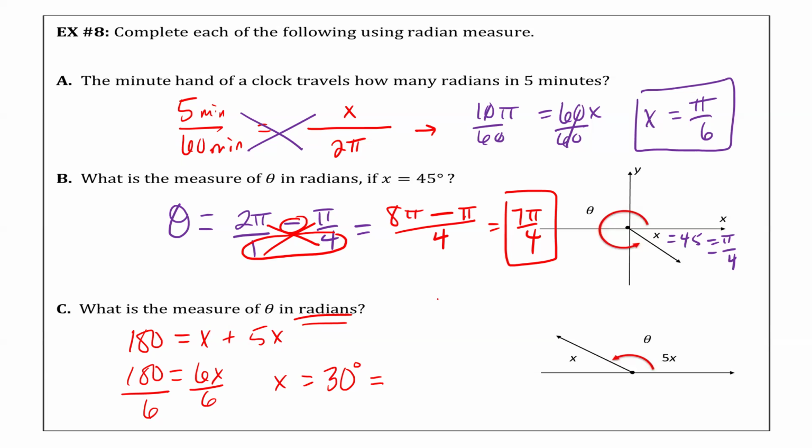How do you change from degrees to radians? Theta times pi over 180. So we end up with 30 times pi over 180. What does that reduce to? Pi over 6. So 30 degrees is pi over 6.